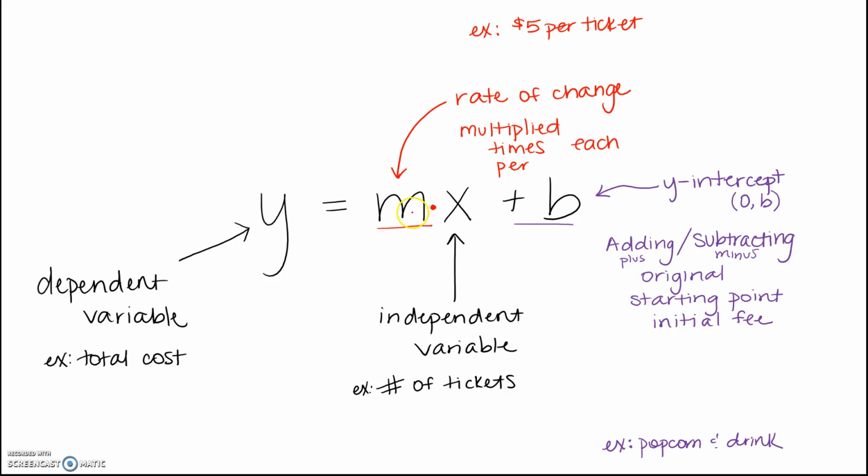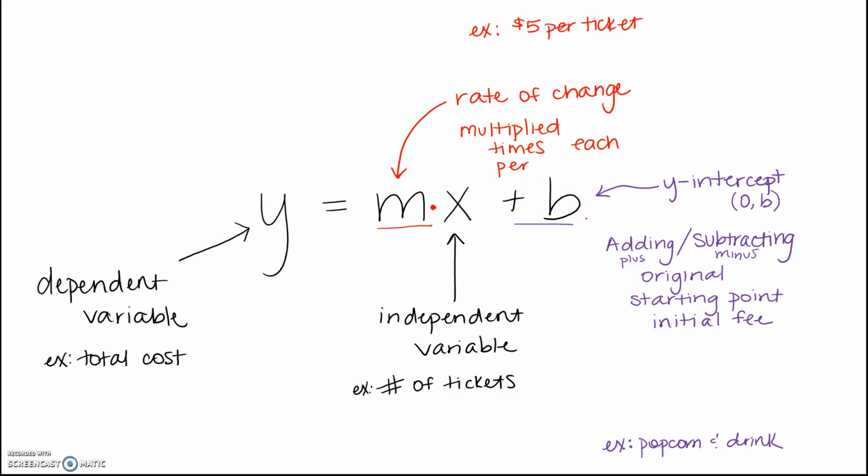So if it's just me, it's 1 times 5. If there's 3 of us in all, it's 3 times 5, okay? And then no matter what, I already bought my popcorn and my drink. So that is my y-intercept.